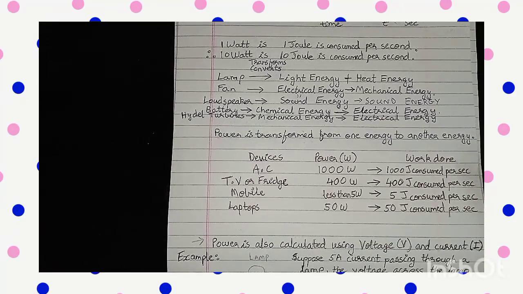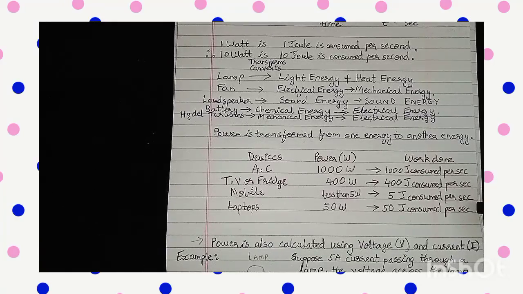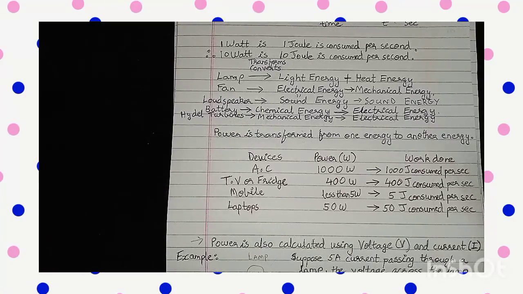A TV or fridge consumes 400 watts, so the work done by the fridge is 400 joules per second. A mobile consumes less than 5 watts, so 5 joules of work is done per second. A laptop consumes 50 watts, so 50 joules is consumed per second.